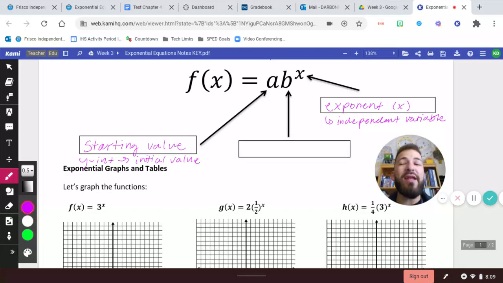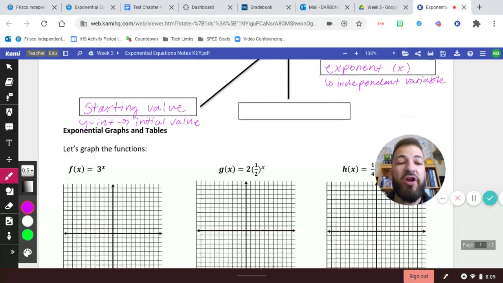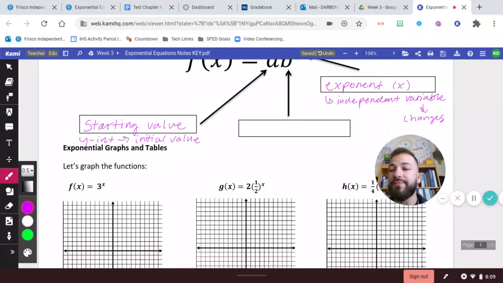And it being an independent variable, specifically a variable, means that it is something that changes. So the exponent is what we're going to plug into our function that actually is going to make things change. We're going to plug in different x values to get out different y values. Remember, just like with linear, where we plug in x and get out y, plug in independent, get out dependent, we're going to do the same thing with exponential, it's just a slightly different function.